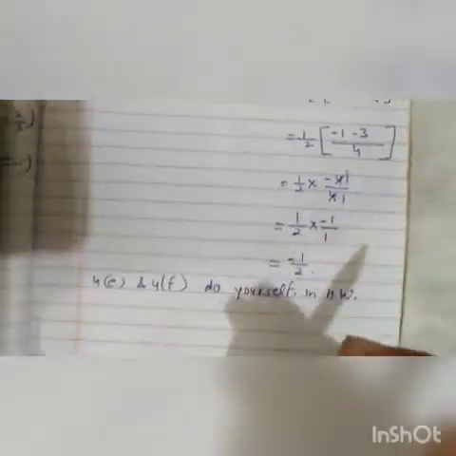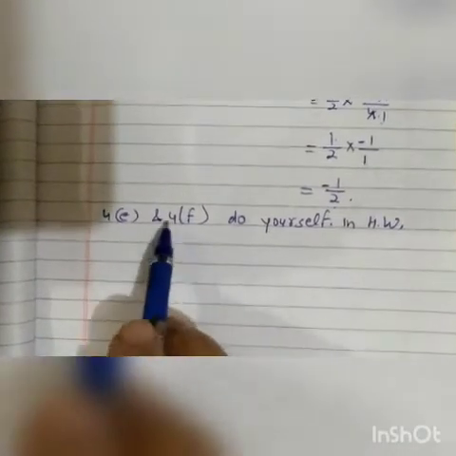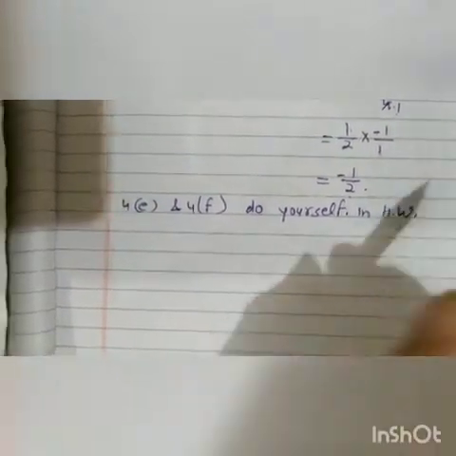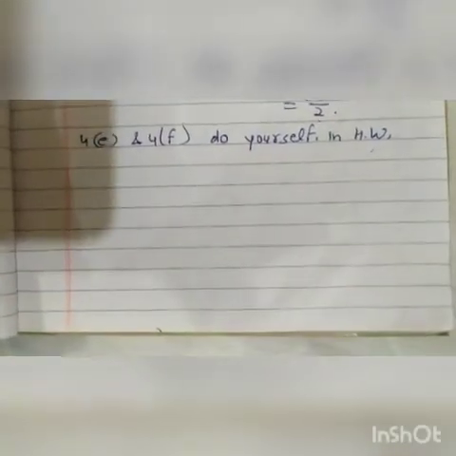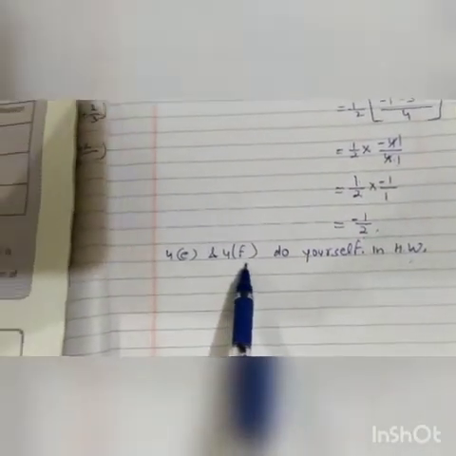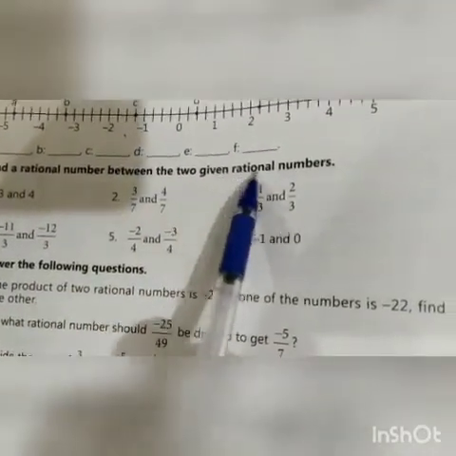I think all 4 parts should be clear to you. Now 4E and 4F parts you will do yourself as homework. Okay? After completing 4E and F, you will do question number G. Find a rational number between the two given rational numbers.